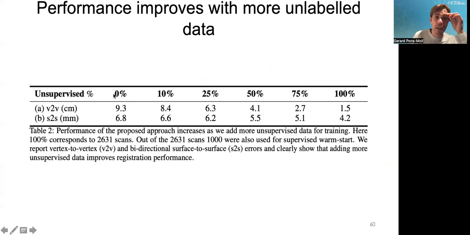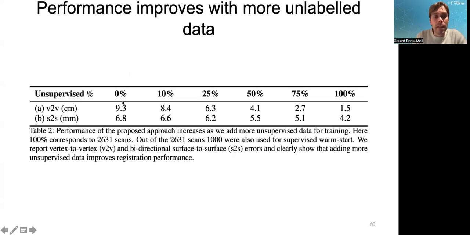In this plot you have two error metrics, the vertex to vertex and the scan to surface metric. Obviously, the vertex to vertex metric is a more demanding one because you need to predict not only the surface correctly, you need to predict exactly where the point should lie, right? When you're fitting the registration to the scan.